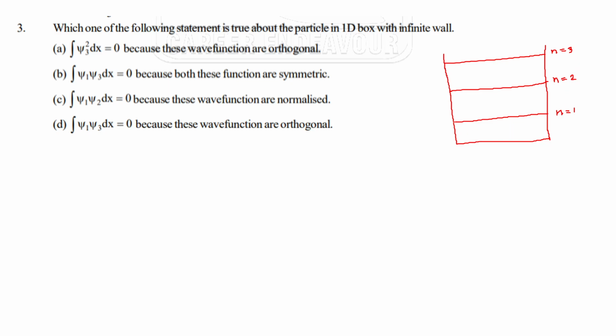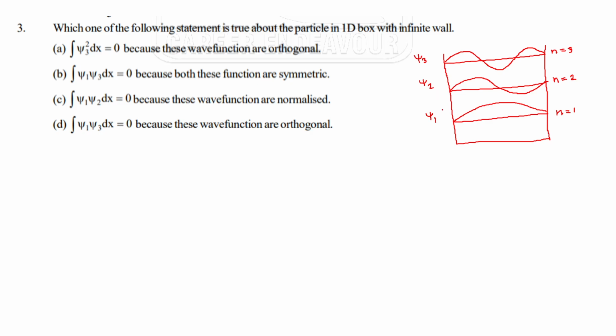Now, how do these wave functions look? This is n equals 1, this is psi 2, and psi 3 looks like this, right? So this is your psi 3, this is psi 2, and this is psi 1.